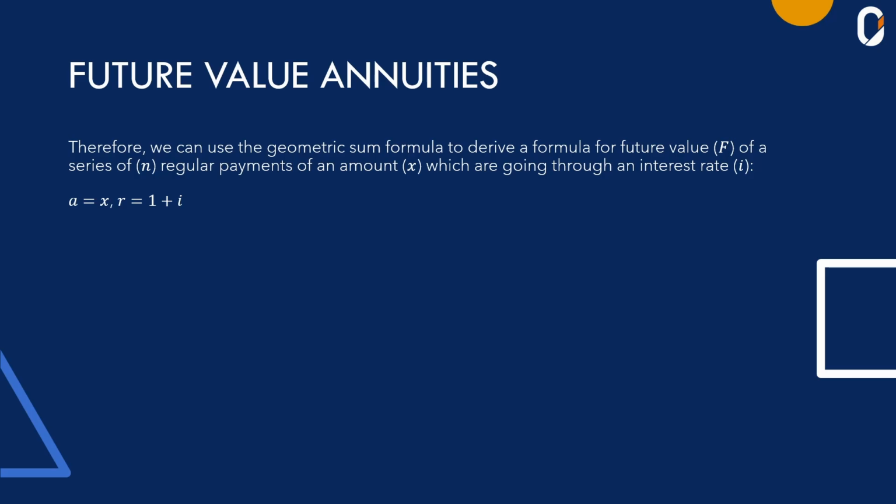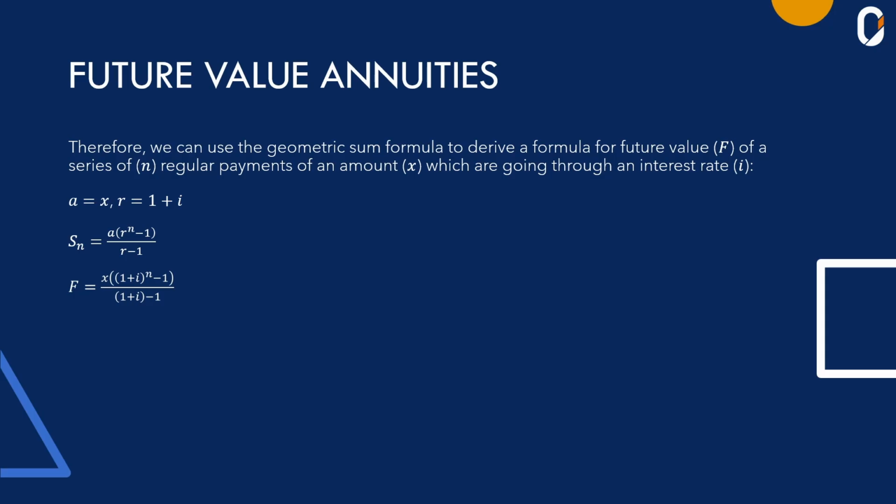We will have a is equal to x, r is equal to 1 plus i. And now introducing our formula, Sn is equal to a times r to the power n minus 1, all divided by r minus 1. Substituting in my values, I will have F, which is our future value, is equal to x times (1 plus i) to the power n minus 1, divided by 1 plus i minus 1.